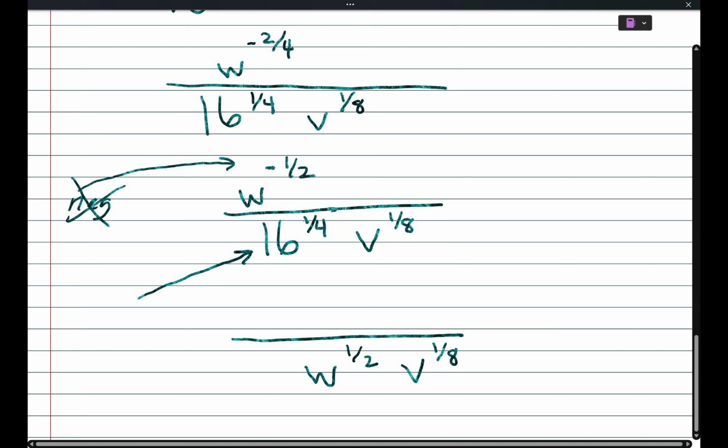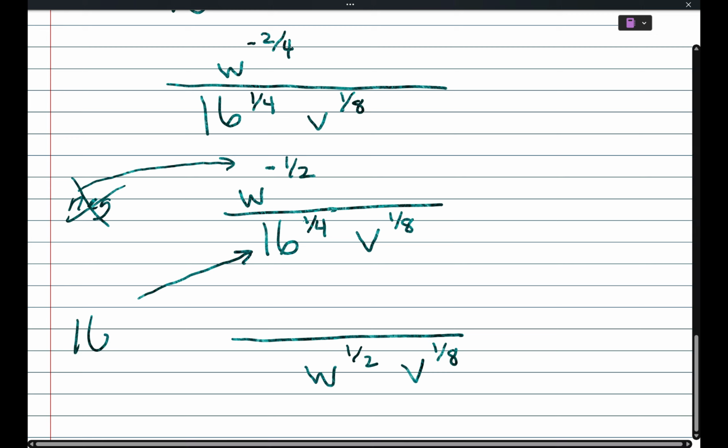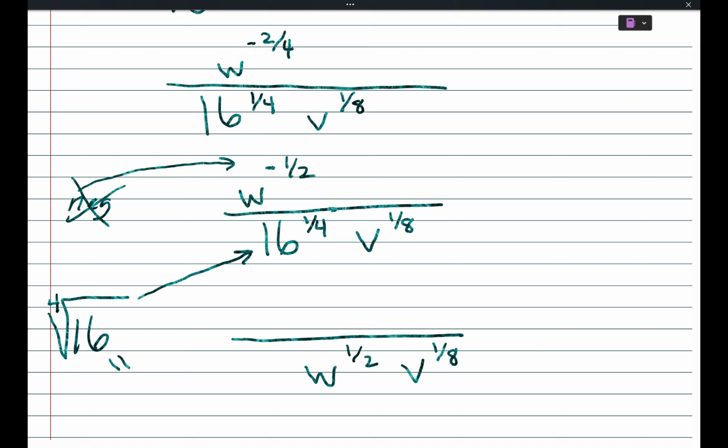Well, let's apply what we just learned as far as the definition of a rational exponent of a number. So that'll be 16. What kind of root is it? It's the fourth root, remember? And then the fourth root of 16. What number times itself 4 times makes 16? 2. 2 times 2 times 2 times 2.